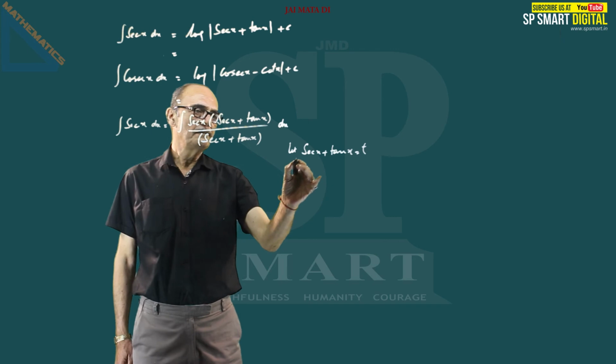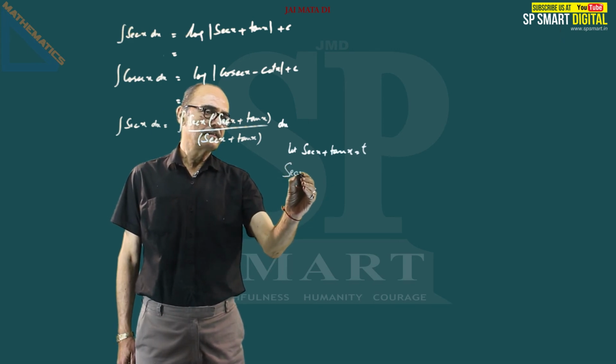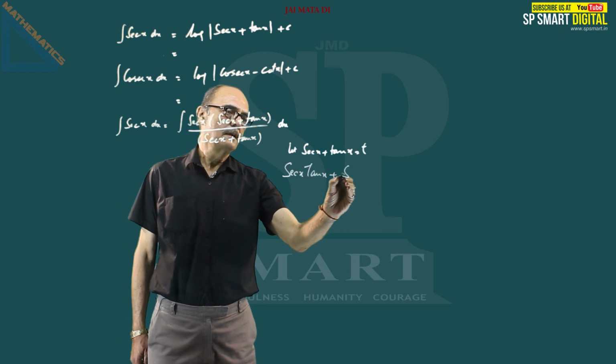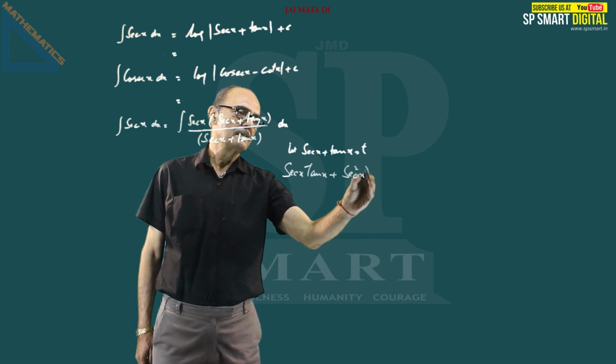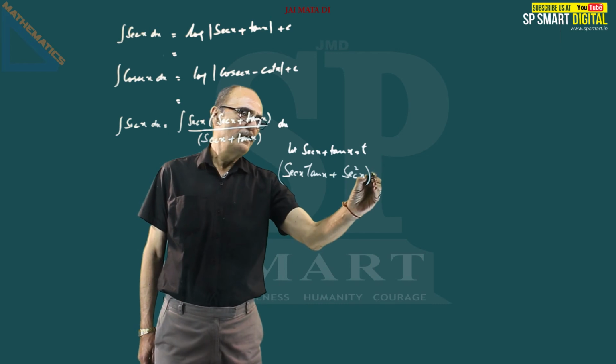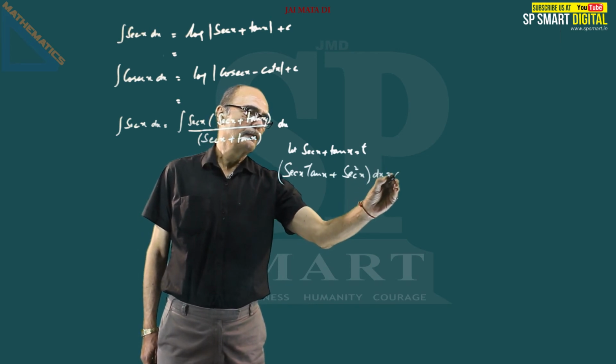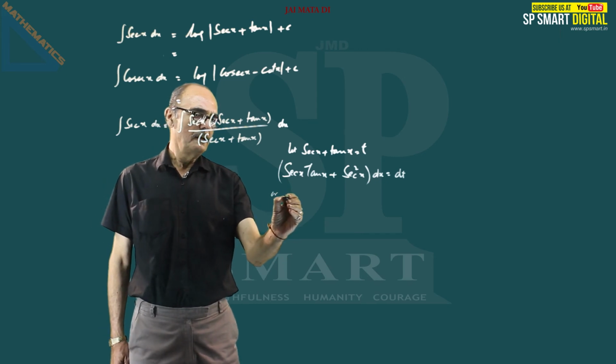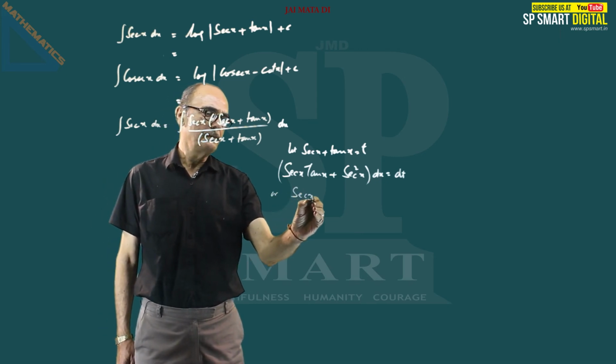So, derivative of secant x is secant of x tan of x plus secant square x, dx equals d of t, or take out secant of x common.